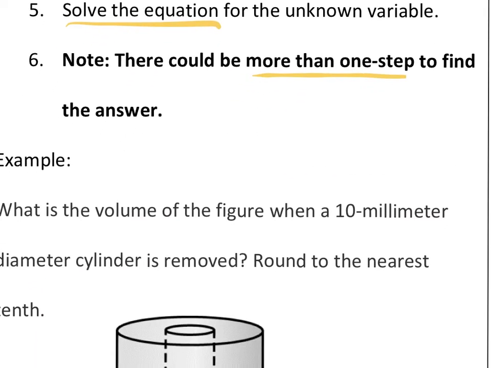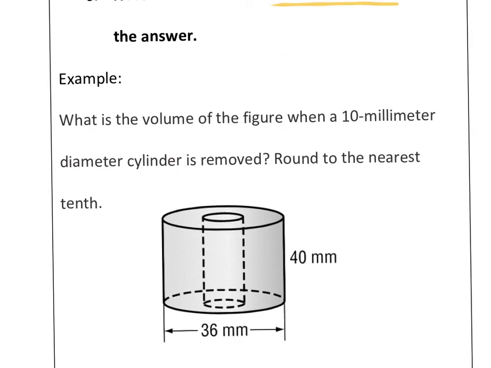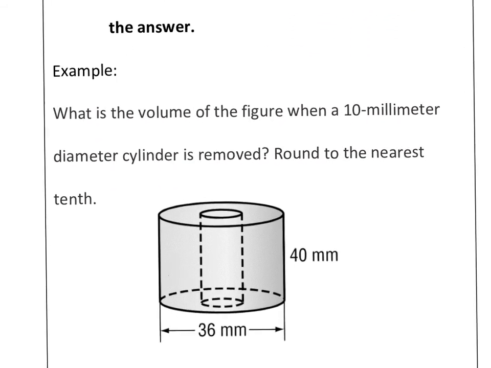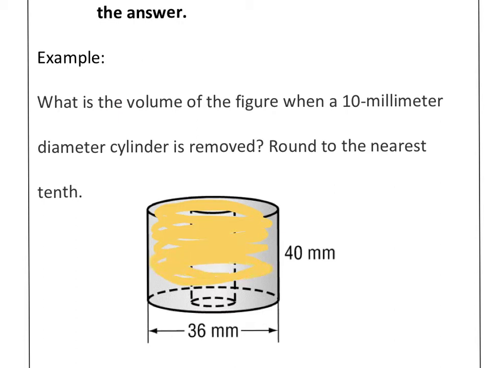So let's take a look at this first example here. It says, what is the volume of the figure when a 10 millimeter diameter cylinder is removed? So we've got a big cylinder here that we filled up with something because it's asking about volume. So we have filled this cylinder up, and we're going to remove this little cylinder.